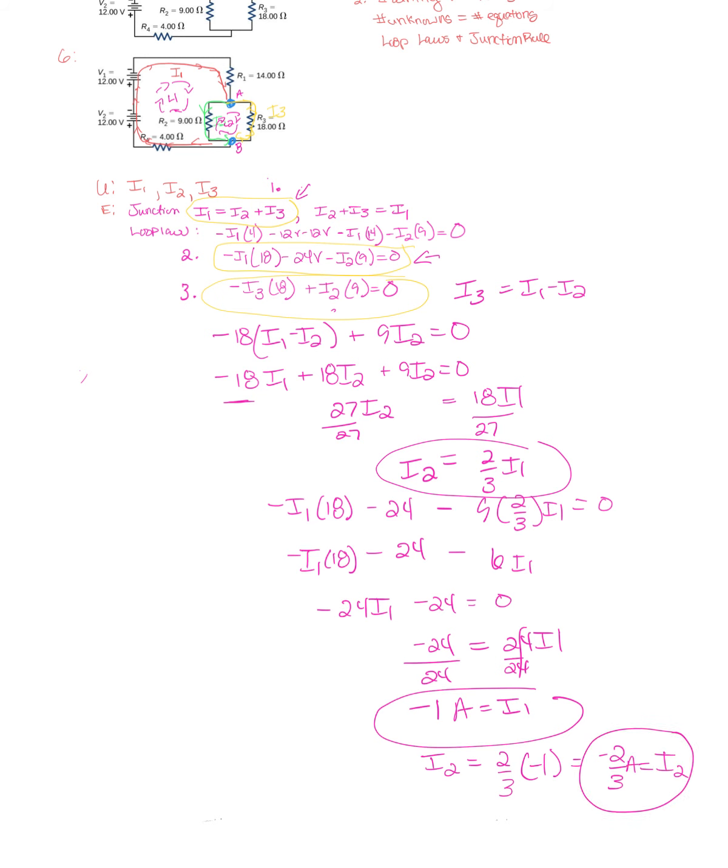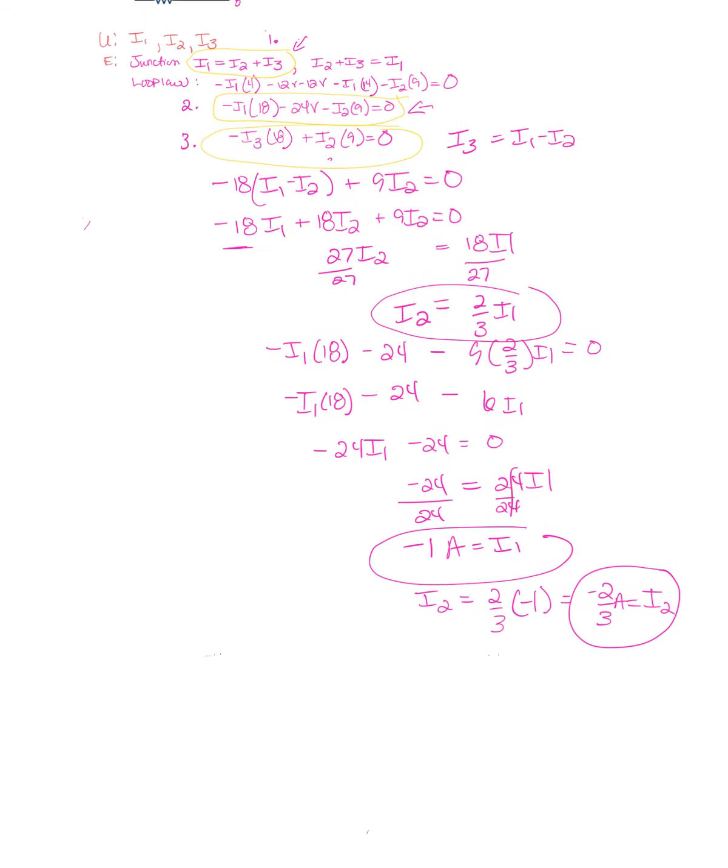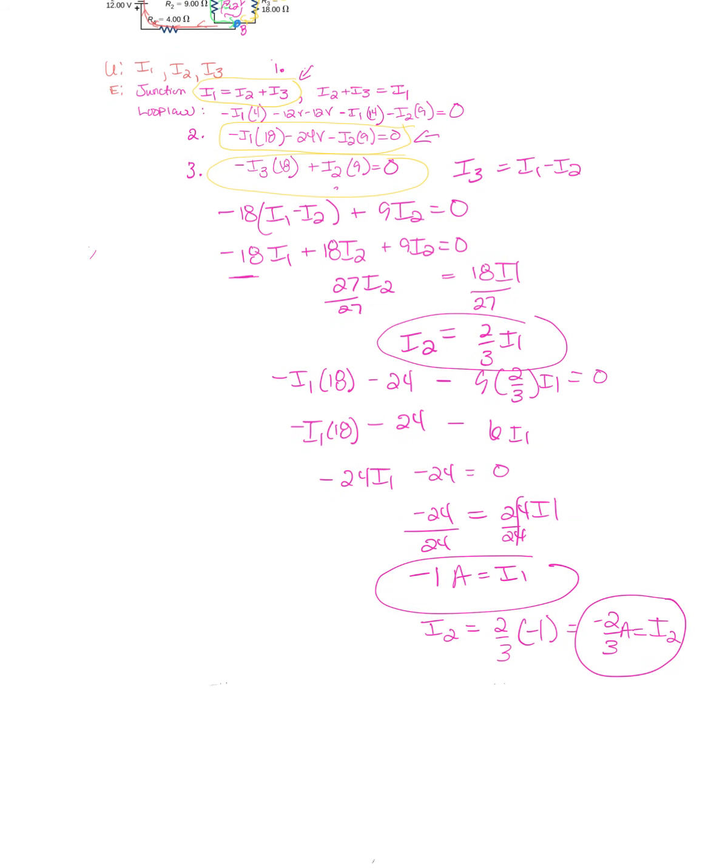And then now that we have those, we can just plug those both into the very first equation that we solved for to solve for I3. So we know that I3 equals I1, which is negative 1 minus negative 2/3, and that is going to be minus 1/3 amps. And for these problems, the biggest thing is to just keep practicing.